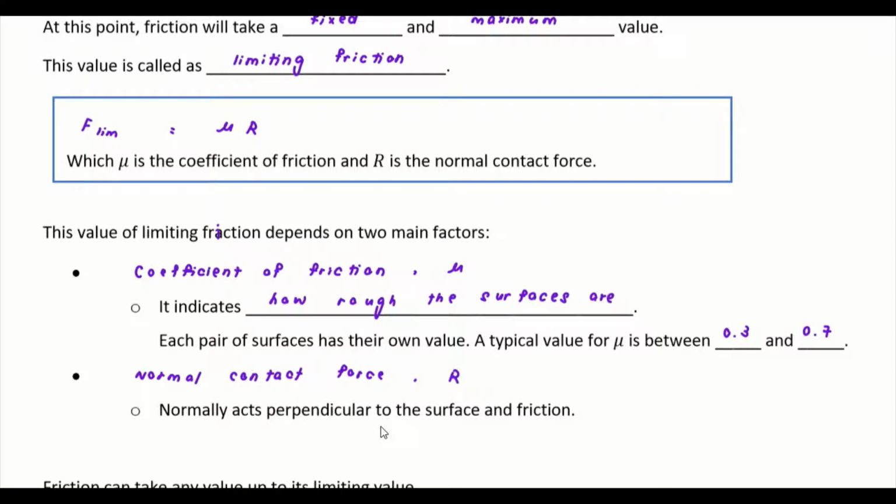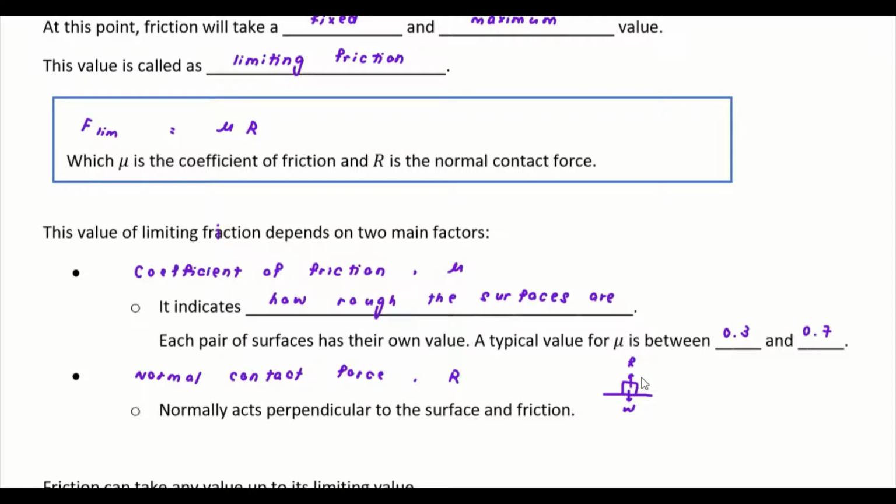You might have a question from the picture in the explanation just now: we know this is the weight and this is the normal reaction, am I right? So why doesn't this formula just say that limiting friction is equal to mu multiplied by the weight? Isn't that easier? Why do we create one more quantity, R, and use it?